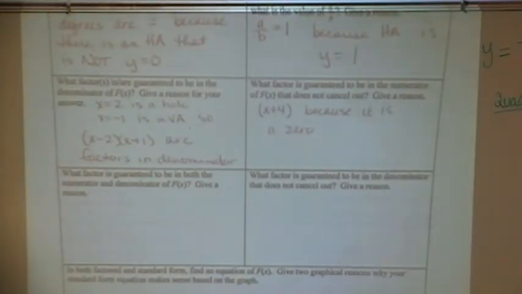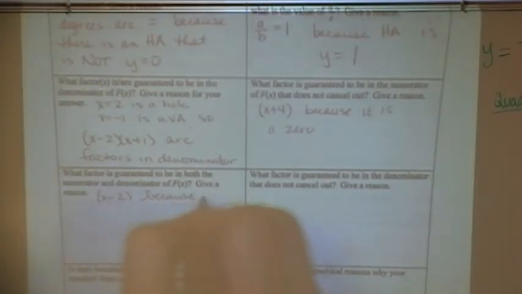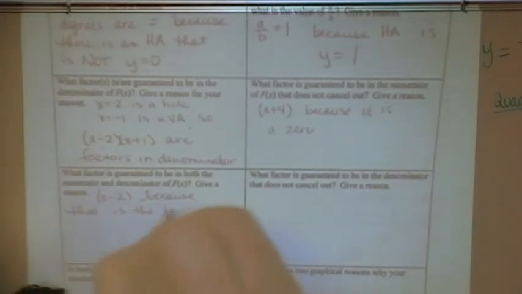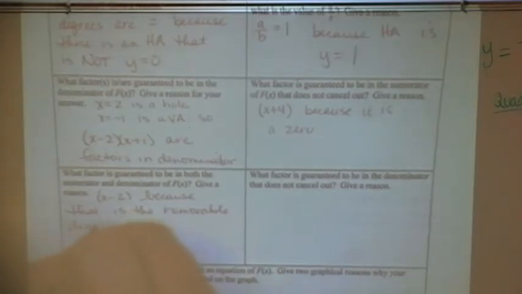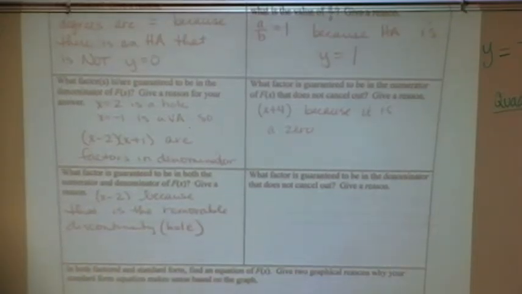X minus 2, because that's the hole. What's guaranteed to be in the denominator and not cancel out? X plus 1, that's the vertical asymptote.